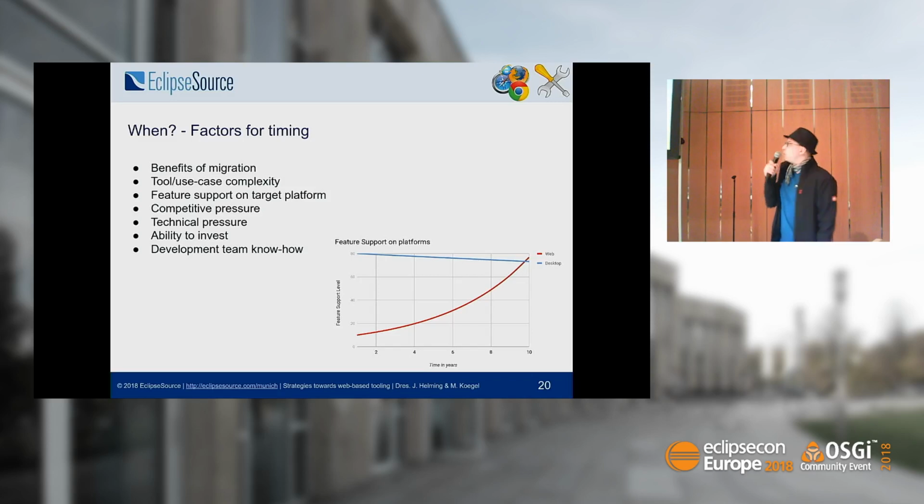And at some point we will see the point where the feature support on a web-based platform will be better. Those graphs, of course, heavily depend on what kind of use cases you have, right? If you have only the use case of a textual programming editor where you want to support your specific programming language, then probably the red line is much higher than it appears here.